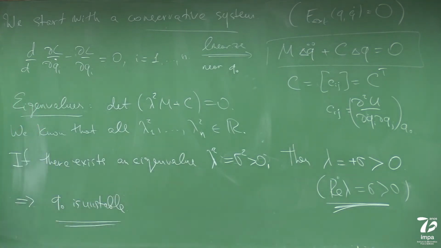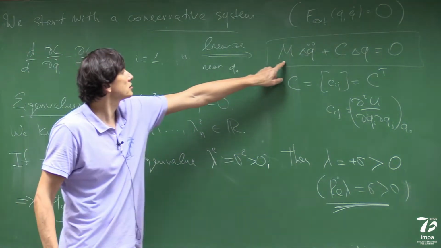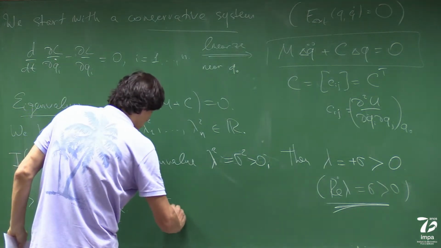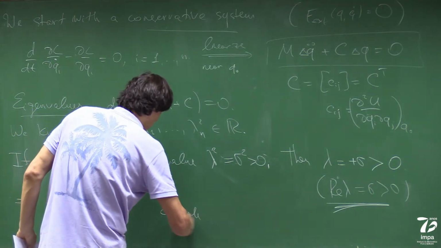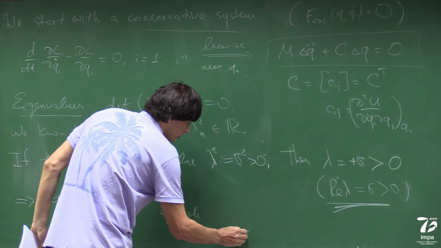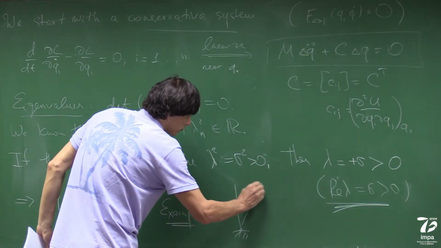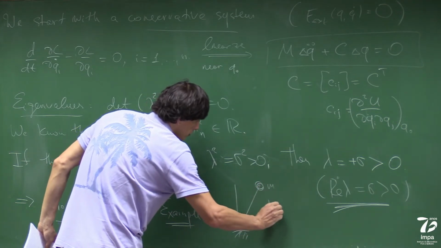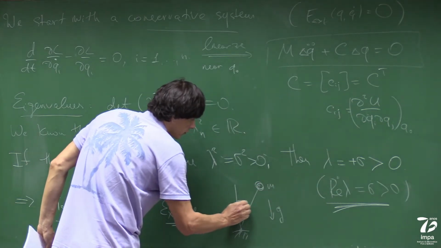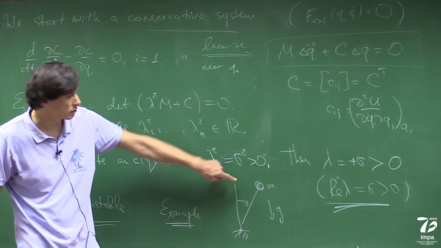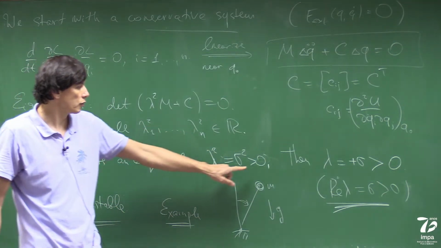So by studying this system, we know the stability of that system. The example is, for example, the inverted pendulum. The gravity. So if you compute eigenvalue here, this is what we did. Eigenvalue will be positive.